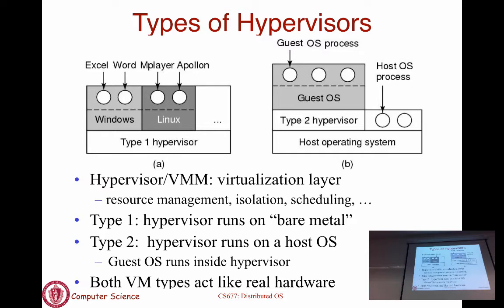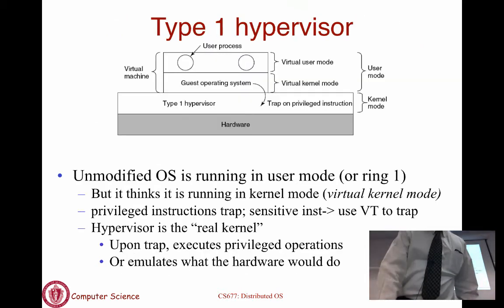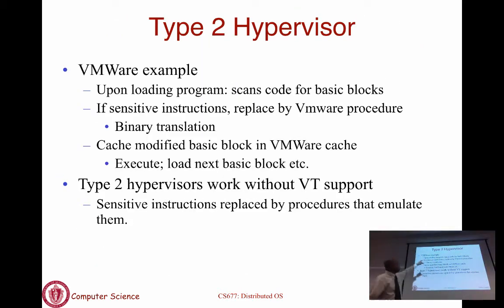So the way most of these things work, the VMware example or VirtualBox example, is the following. When you load your guest OS, your type 2 hypervisor is going to scan the OS code. Every time it finds sensitive instructions, it will dynamically do binary translation.